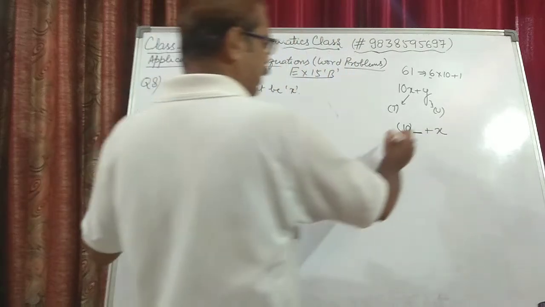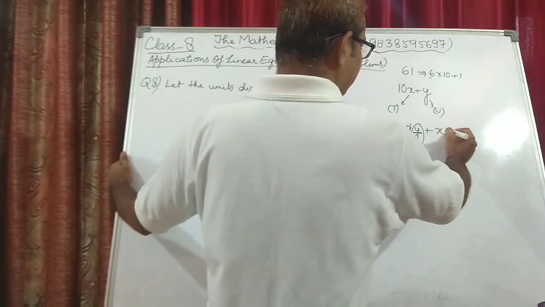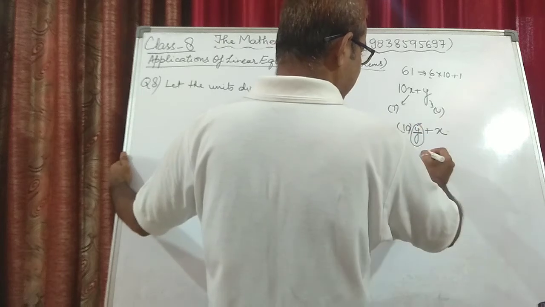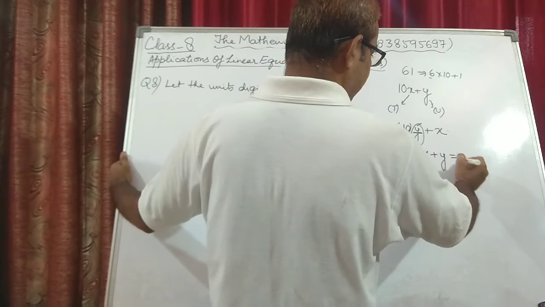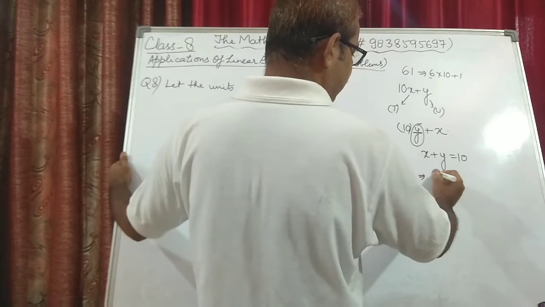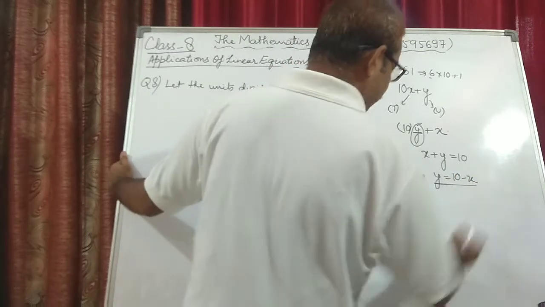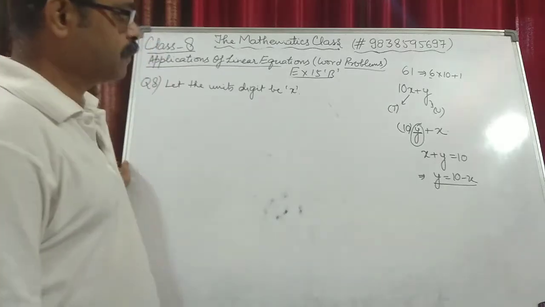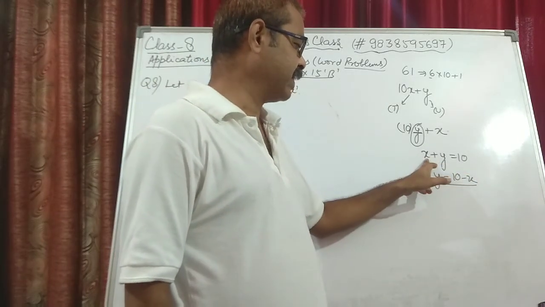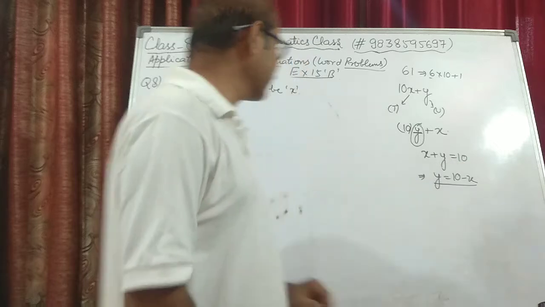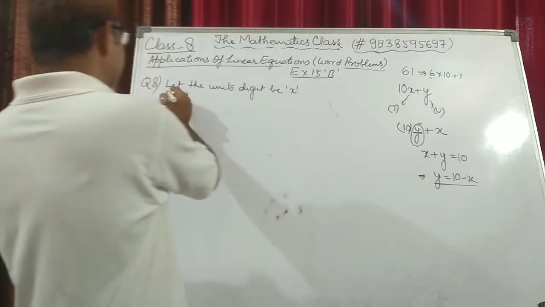Let us say this is y. So they say that the sum of the digits means x plus y is equal to 10. It means y can be written as 10 minus x, because they say the sum of 2 digits is 10. So one we have taken x, so the other will be 10 minus x. So that is why we have written let the unit digit be x.